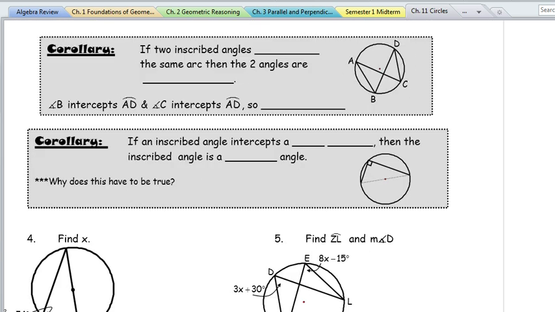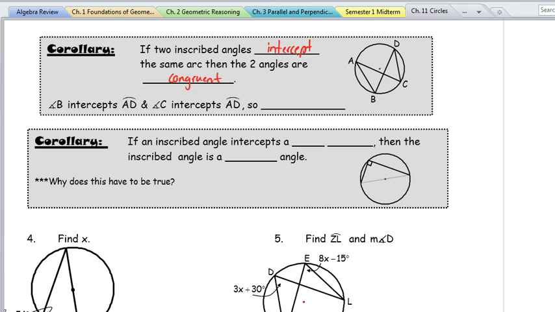A couple more corollaries. Again, a corollary is just something we take as being true because some geniuses, not named Mr. Matheson, a long time ago figured them out. If two inscribed angles intercept the same arc, then the two angles are congruent, and this is going to make sense here in a second.